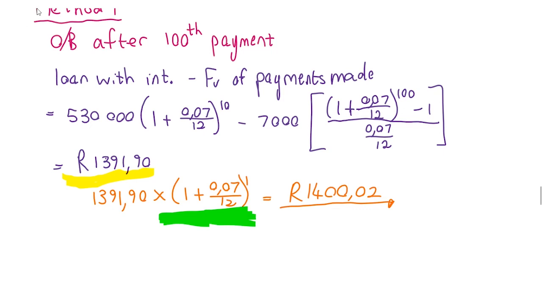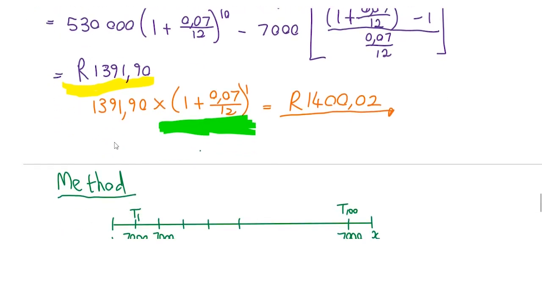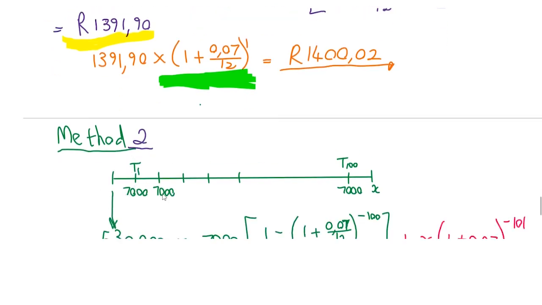The other way of working it out, so this is method number 2, is to appreciate the fact that the present value of all the payments, 100 of them of 7,000 Rand plus the last one, must actually come to the original value of the loan of 530,000 Rand.